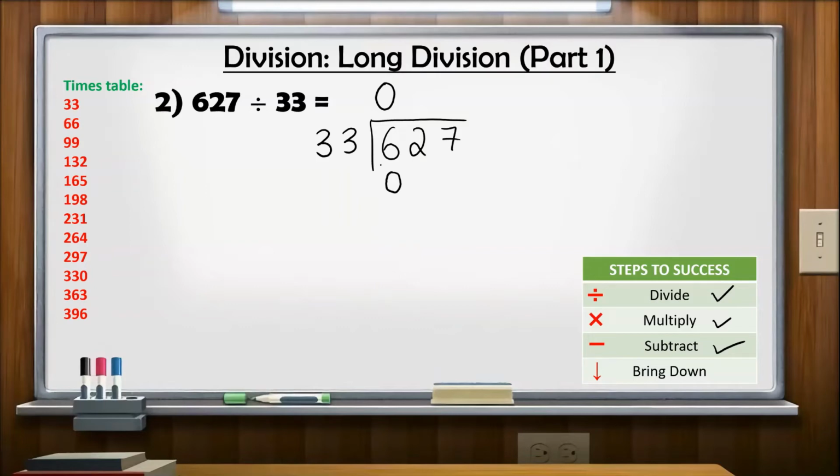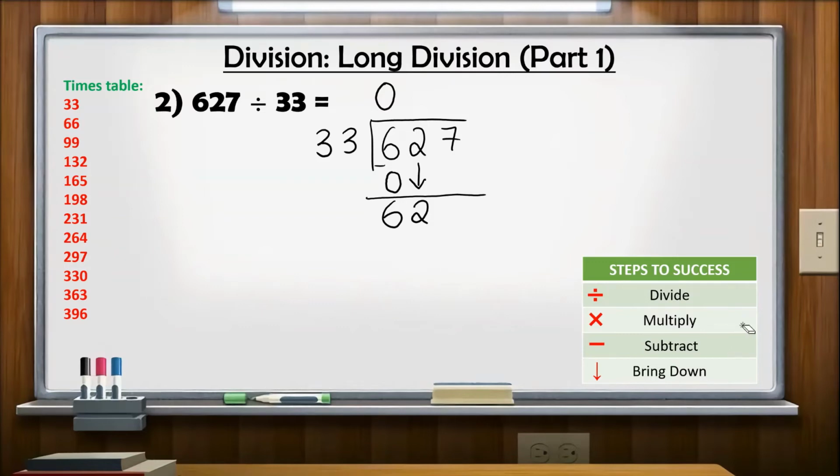So I'm going to do 6 take away 0, which is 6. And the final step in my steps to success is bringing down the next digit. So I'm going to bring down the 2 like this. Once I've done that, the whole process will repeat itself.